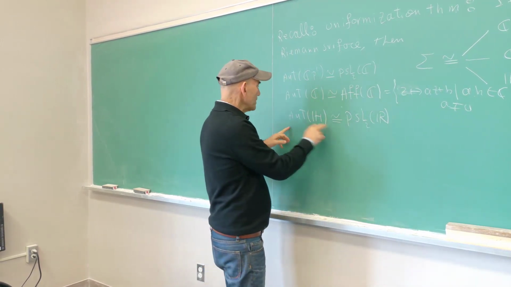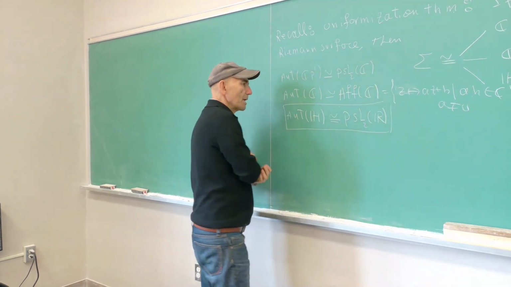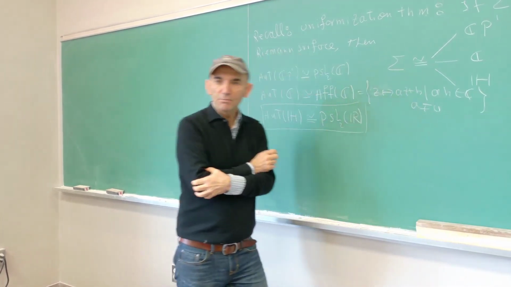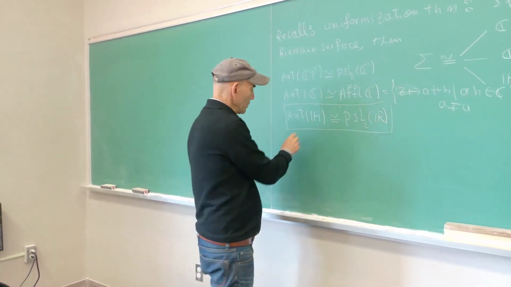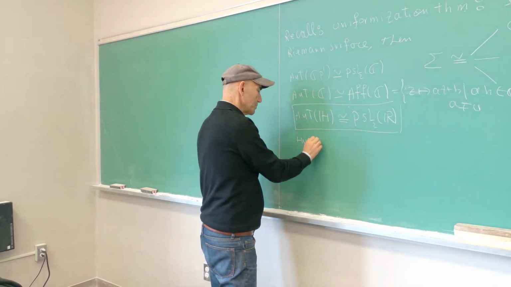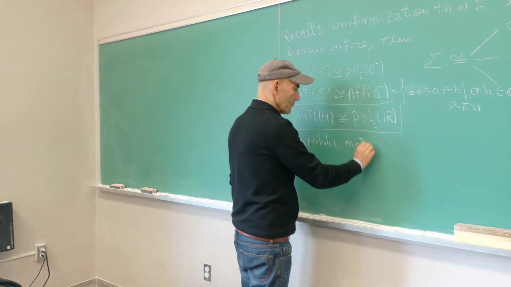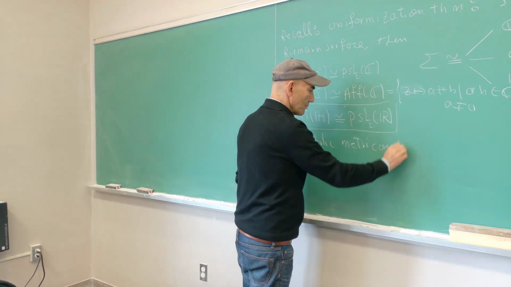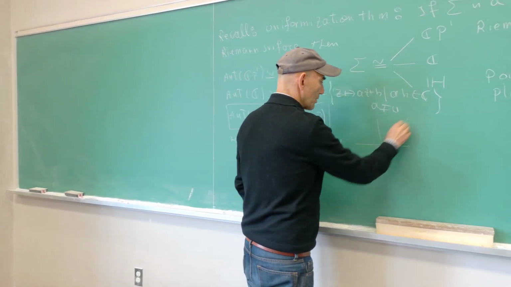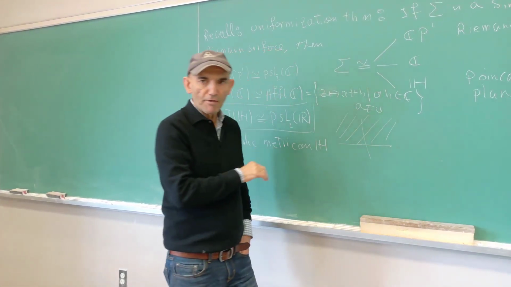Okay, now let's look at this a little closer. This H actually is a Riemannian manifold as well. There is this hyperbolic metric on H. This is our manifold, which is very simple, the upper half plane.